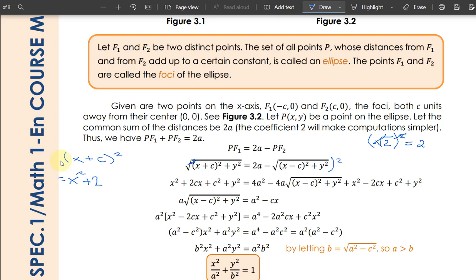So, constant na ni si 2, then multiply na to si c ug si x. So, naa tay cx. Then lastly is to square the last term, c squared. So dali ra kaayo, no? Square the first term, multiply the first term by the last term, then multiply by 2, then you're going to square the last term. Okay, naa tay x squared plus 2cx plus c squared.